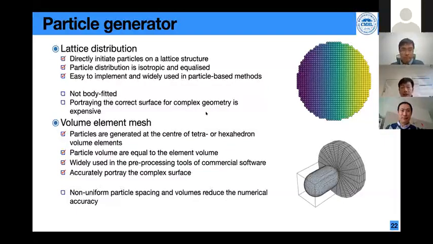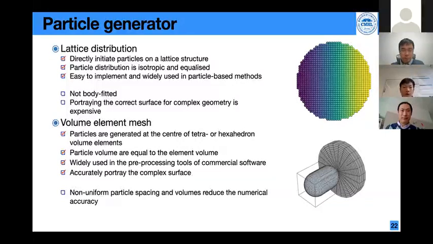Then the particle volume is set equal to the element volume. This method is widely used in the pre-processing tools of commercial software, and it can accurately portray the complex surface. However, it has non-uniform particle spacing and volume, and this will reduce the numerical accuracy.